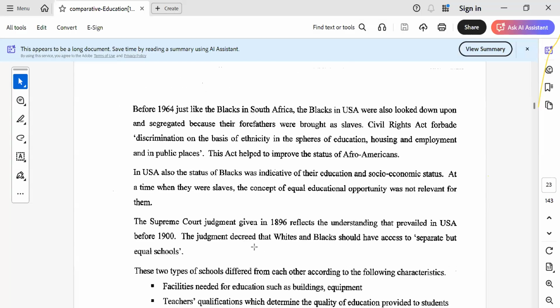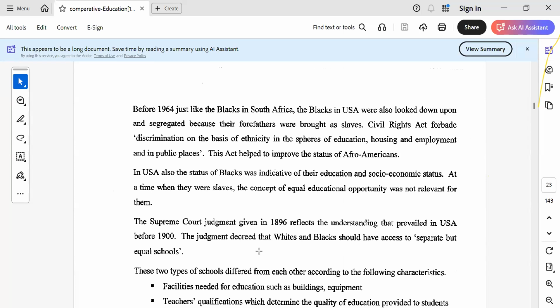So before 64, just like the blacks in South Africa, the blacks in the USA were also looked down upon and segregated because their forefathers were brought as slaves. Right, they brought the blacks to the country to work only, as slaves, right?